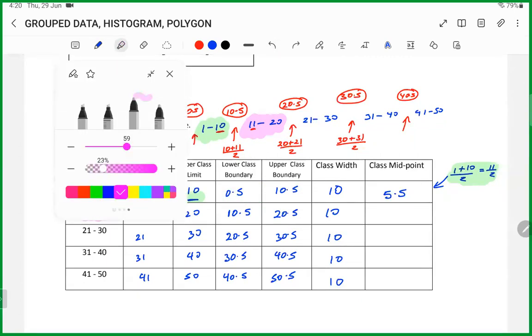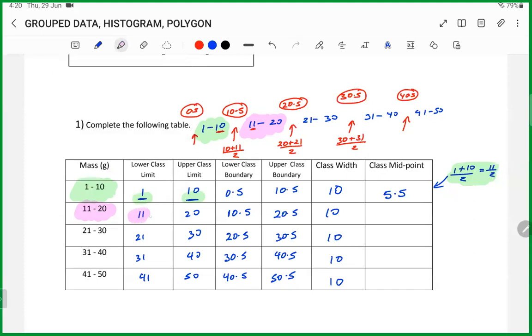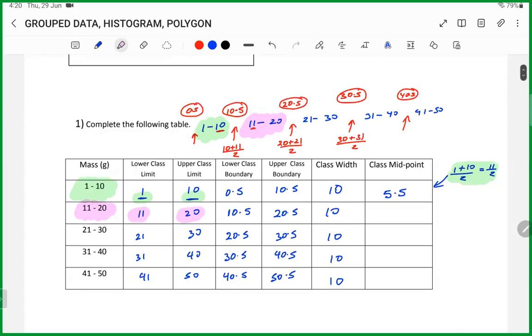And now let's look at the next class. The lower class limit and the upper class limit, 11 and 20, right? So we have 11 plus 20 over 2, which is 31 over 2. So 31 over 2 is 15.5.